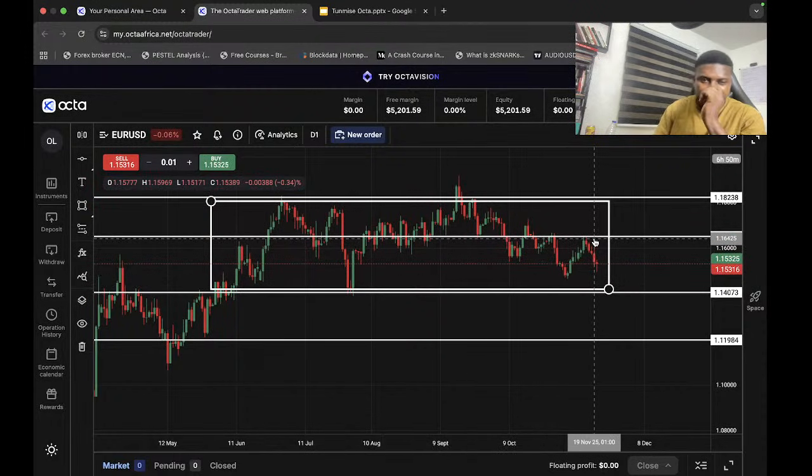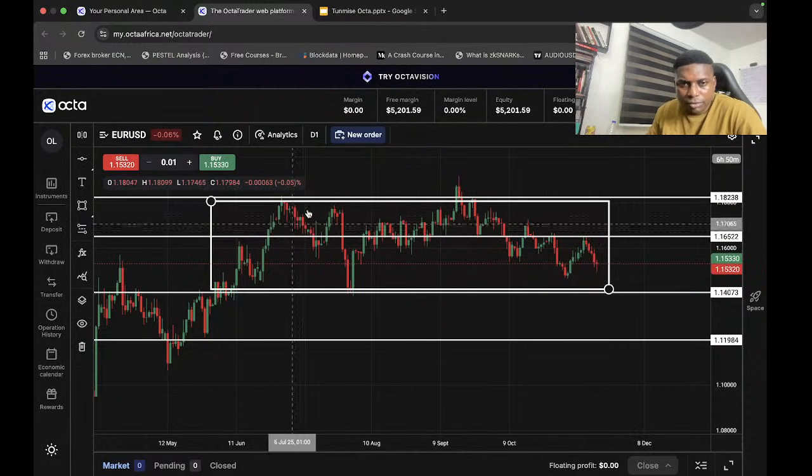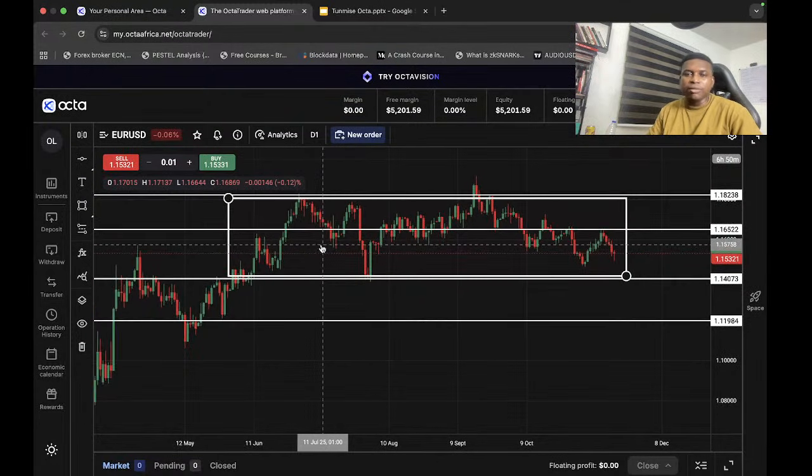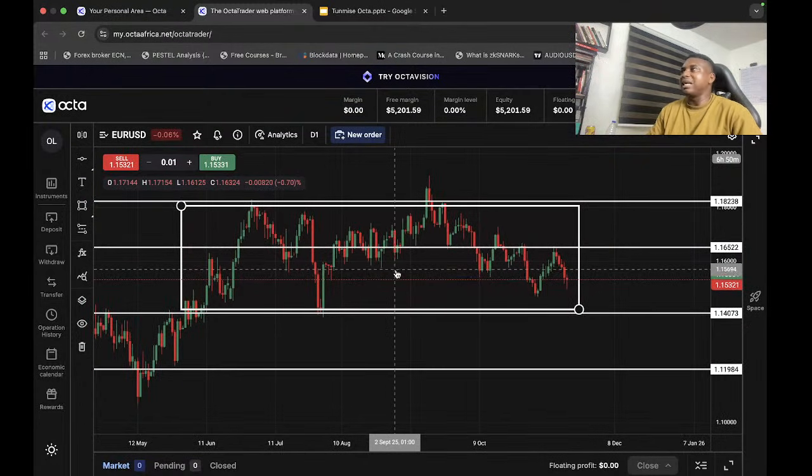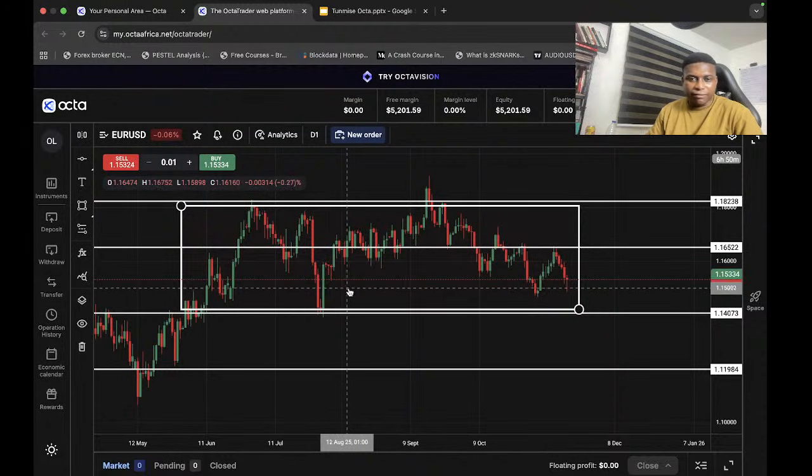So now our business is to be able to forecast where price would go next. What is the next move on price? That is what we are looking at. Now we've been able to identify the patterns on the daily time frame.